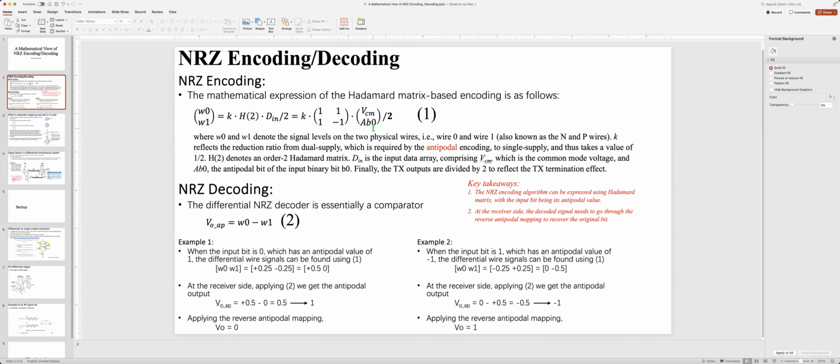Once we have this antipodal bit in the expression, then everything becomes normal and reasonable.